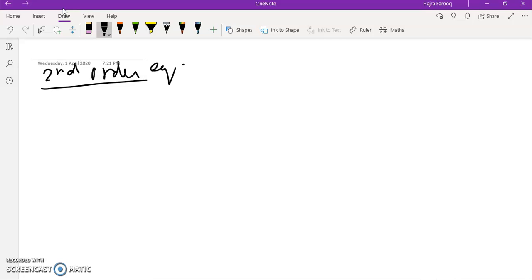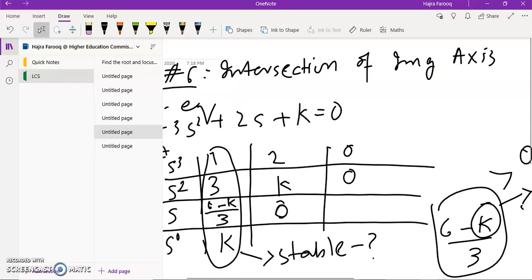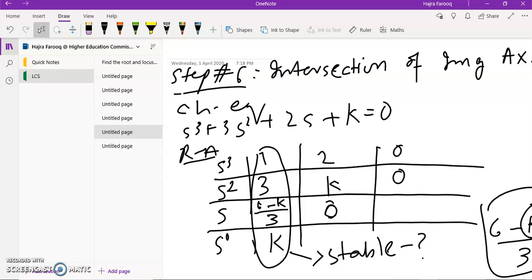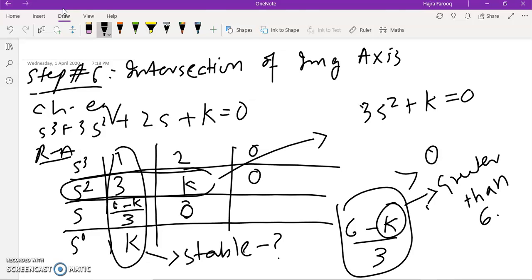For this you will only and only consider this block, because we have to consider only second order. So your equation will be 3s square plus k equals 0.